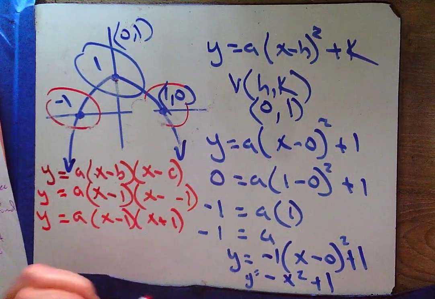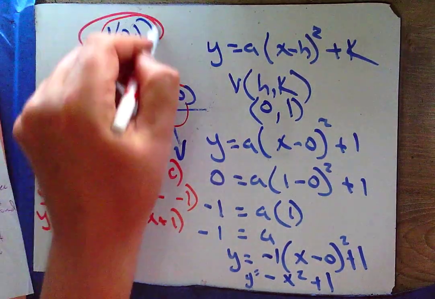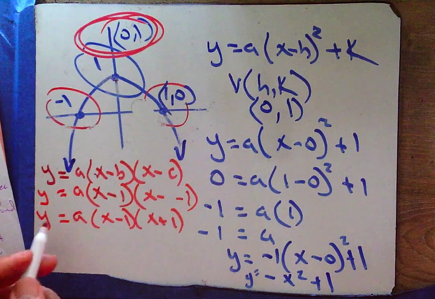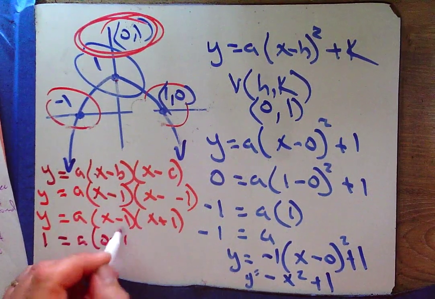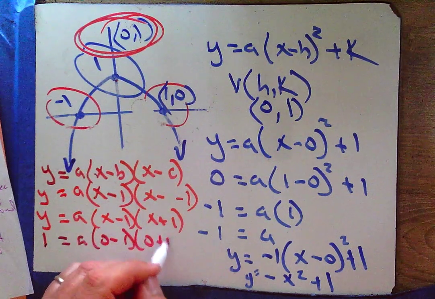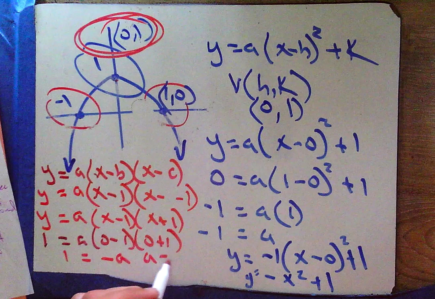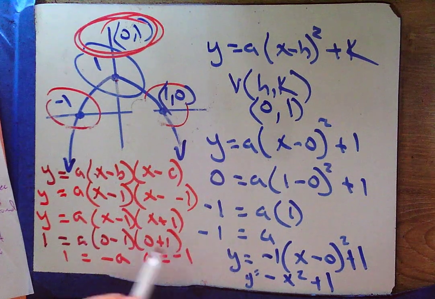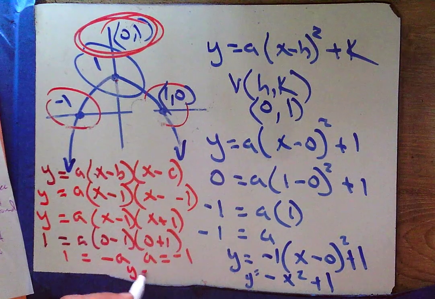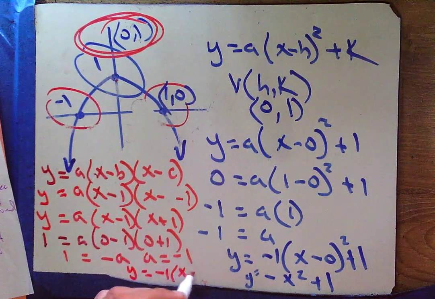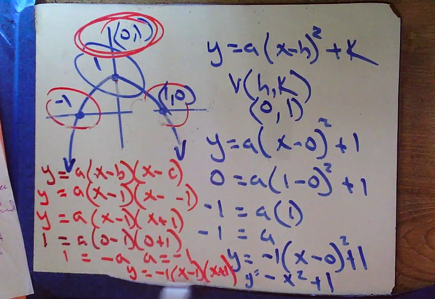Okay, now I still need to solve for that a, and that's why I need a third point. So I'm going to plug in 0, 1, and that gives me negative a equals 1, and so a would be negative 1. If a is negative 1, then I write the equation as y equals negative 1, x minus 1, x plus 1. And there's my equation.